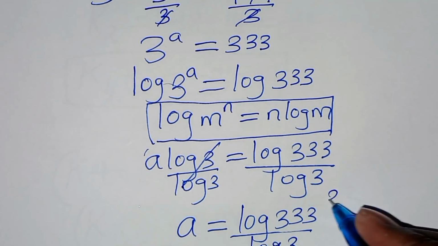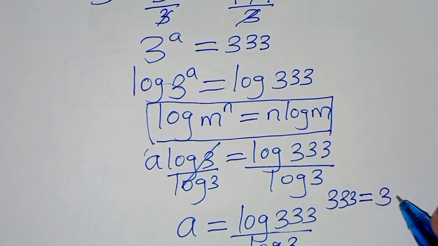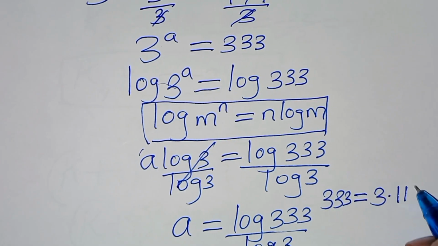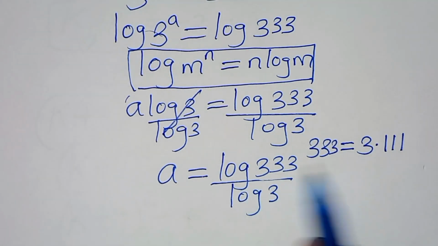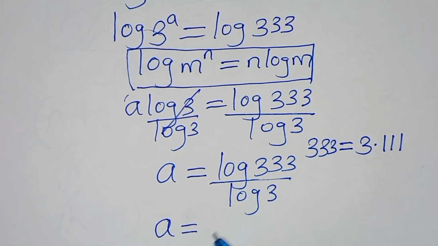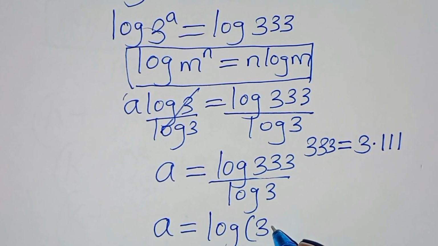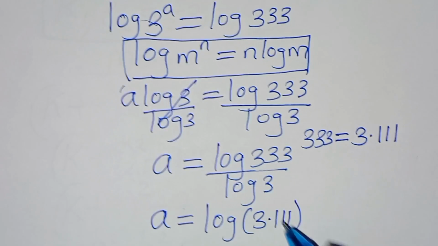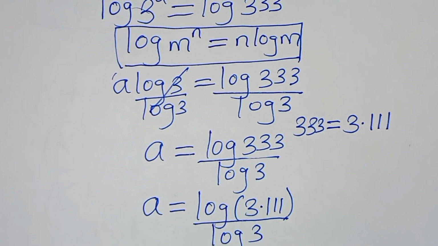We can express 333 basically as 3 multiplied by 111. So let's substitute 3 times 111 here. So you'll have a is equal to log 3 times 111 divided by log 3.